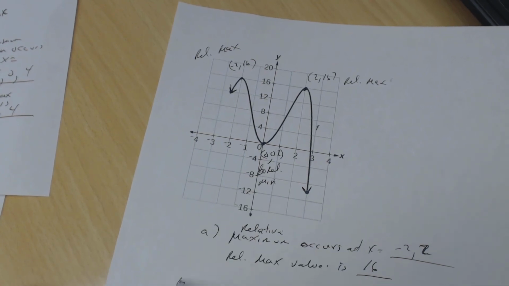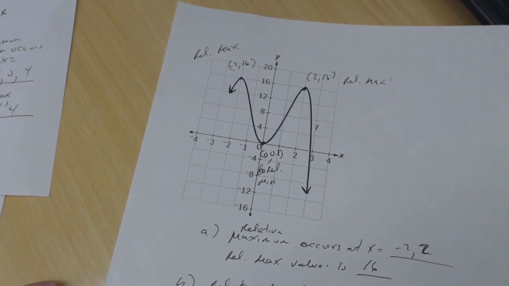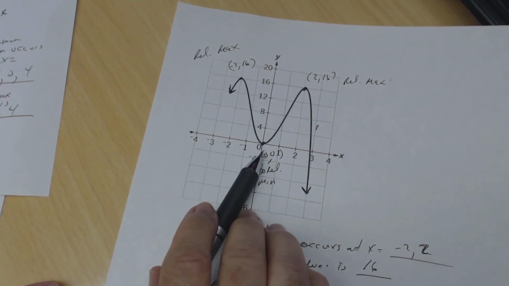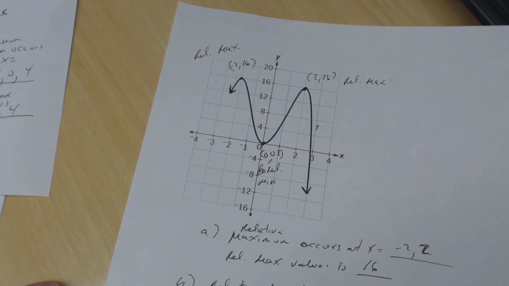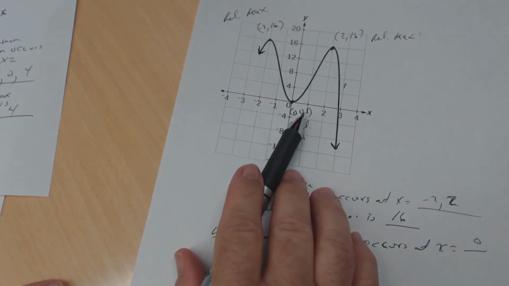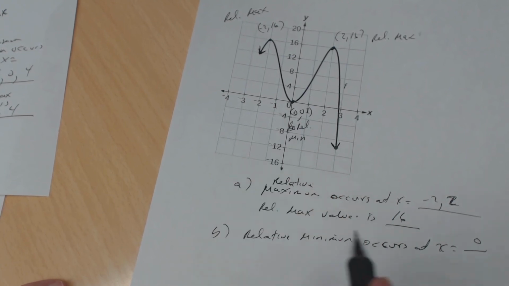And then part B, the relative minimum occurs at x equal, and then this x value here, which is 0. And so you need to ask yourself, well, what is that minimum value? Well, the minimum value is 0, the y coordinate.